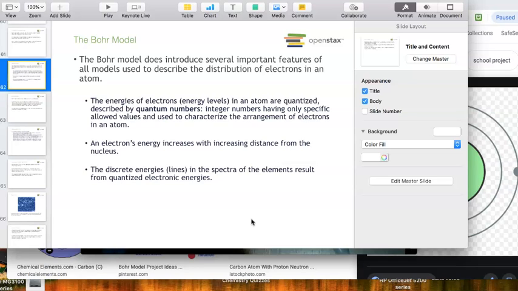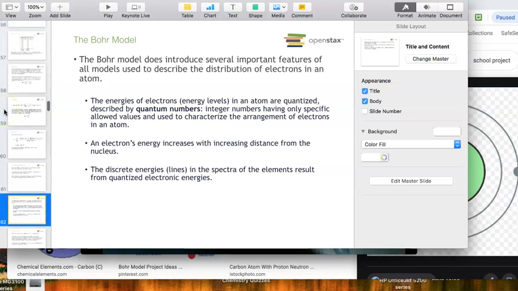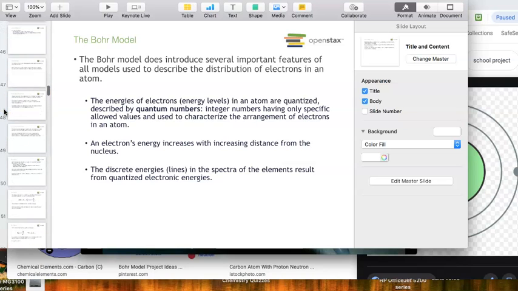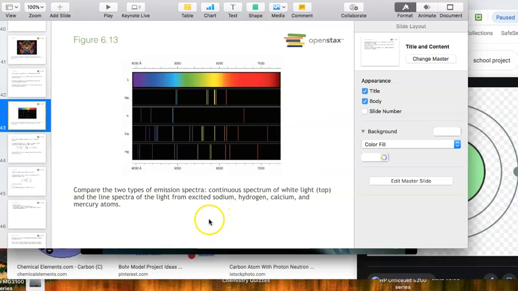Like I said before, an electron further away from the nucleus has greater energy than an electron that's really close to the nucleus. This discrete energy, or lines in the spectra of the elements, results from quantized electronic energies. Let me go back to that picture for just a second. We talked about atomic emission.